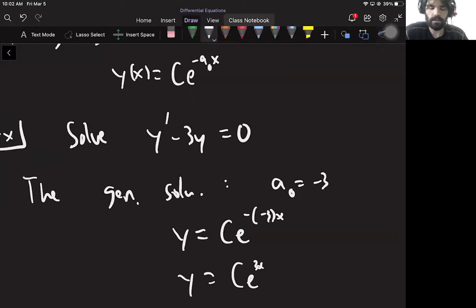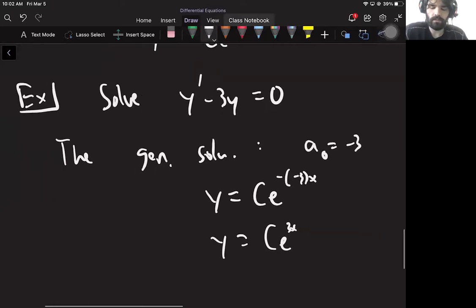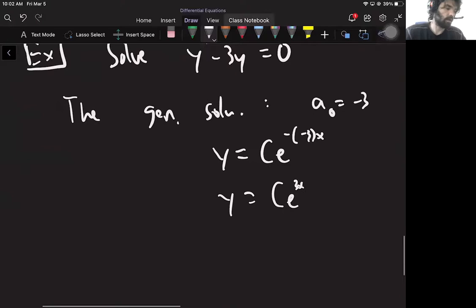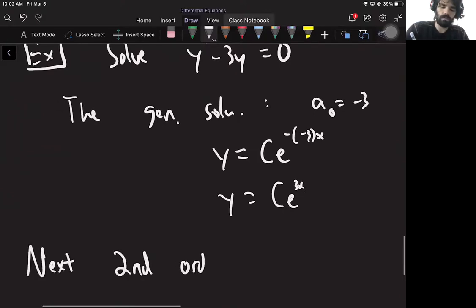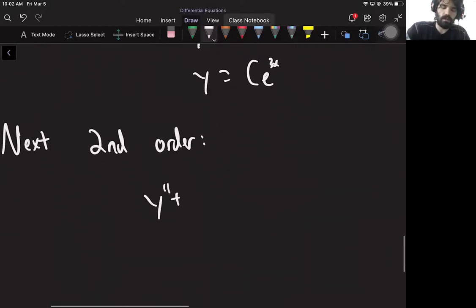Okay, good. So now we're going to move on to second order, and we're going to use the same logic to figure it out. AKA, we're going to be solving something like this now.